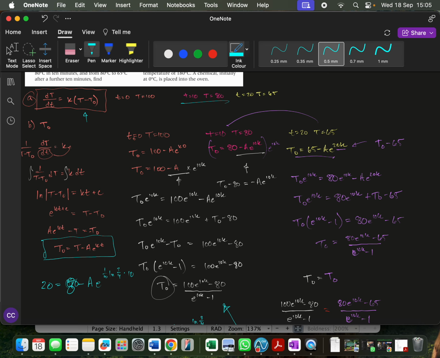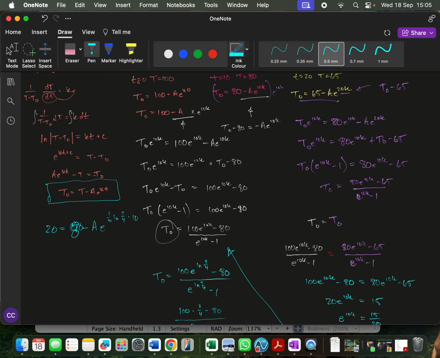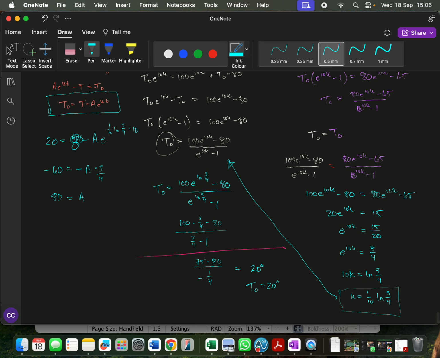So now I can solve for A. So negative 60 equals negative A times 3/4. So 80 equals A. I think that works. So from that, I should be able to get my values here.